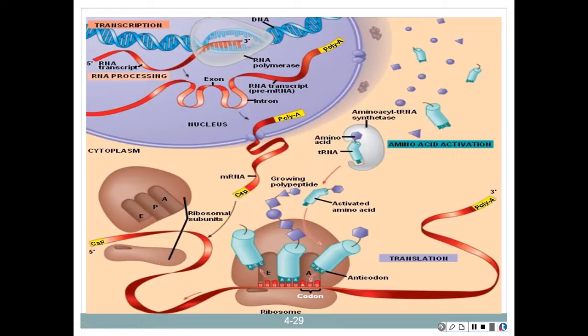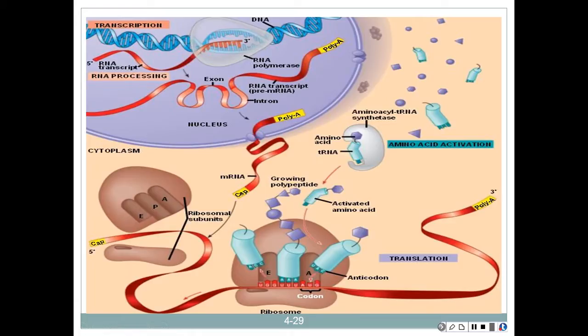Okay. The second component is our tRNA. Here are little tRNAs right here. And what do we say those were? Transfer RNA.